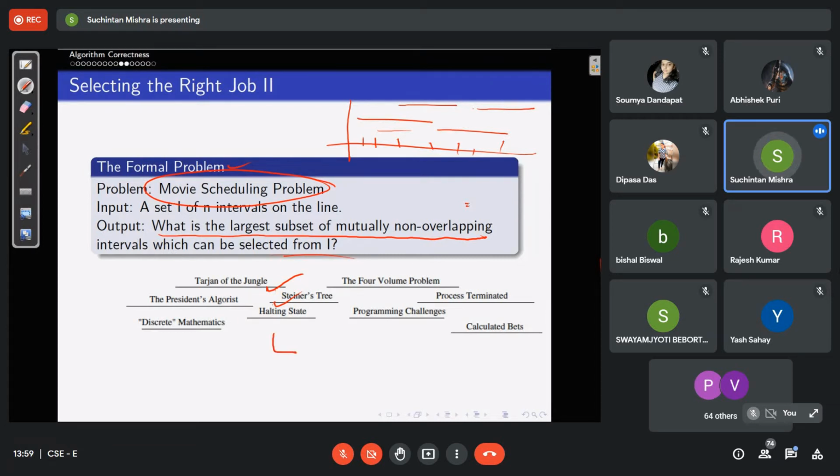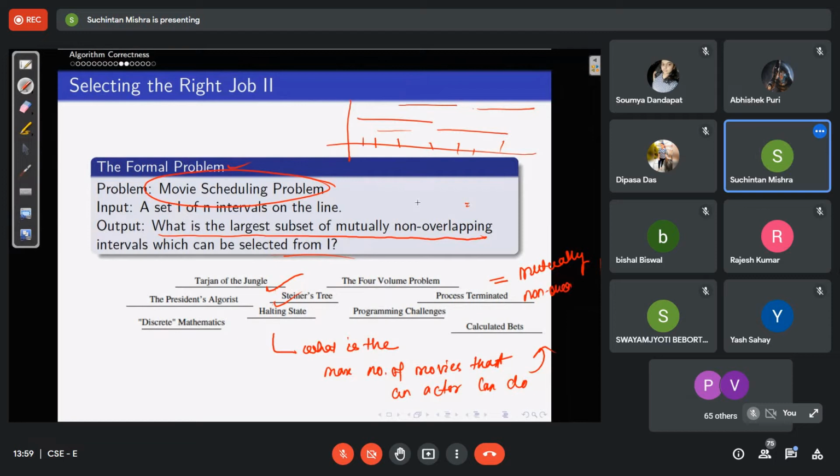If I just change the question, what is the maximum number of movies that an actor can do given these dates?